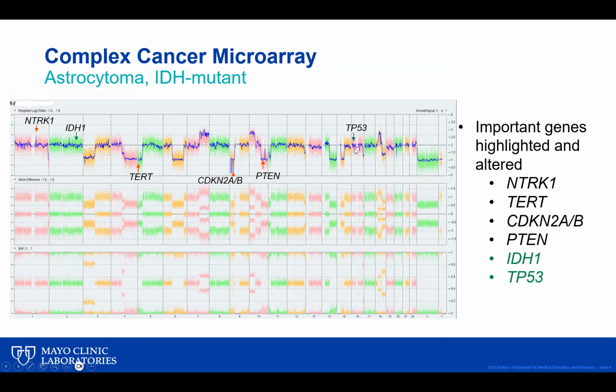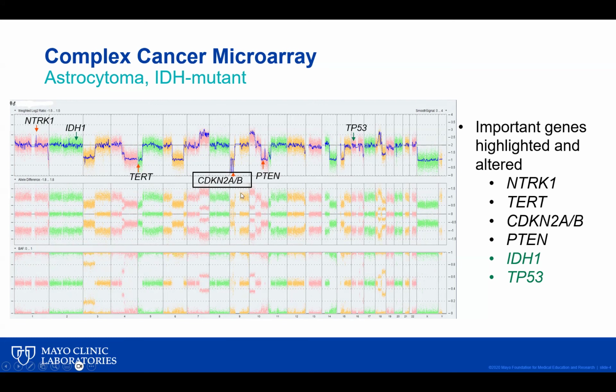A lot of times TP53 will see a copy neutral LOH in this tumor type, but we did not observe that in this sample. We did see a small gain that was disrupting NTRK1, a loss of 5p, including TERT, a homozygous deletion of CDKN2A and B, and a loss of 10p.